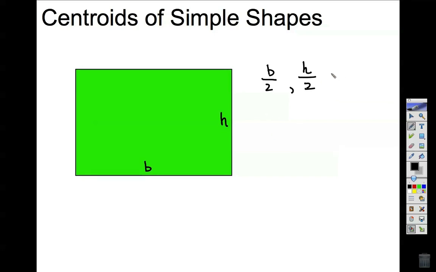This is an ordered pair denoted as x bar, y bar. And this tells us the location of the centroid of this rectangle, which is denoted by this datum point.